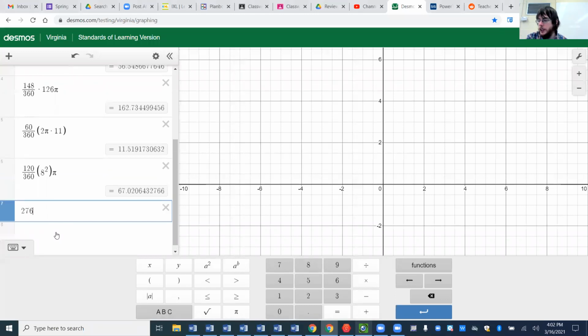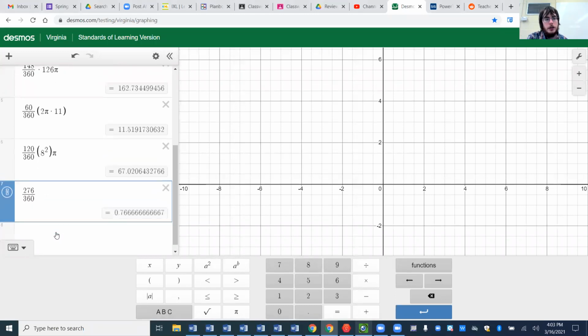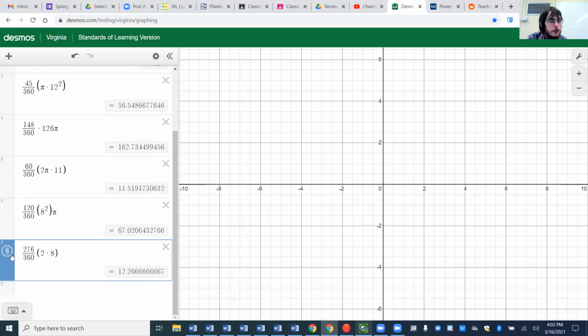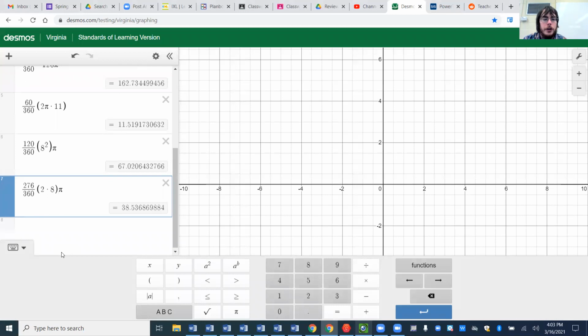So 276 over 360 times 2 times 8 would give us a fraction of 184 over 15, and then we tack on the pi. If you do it approximate, you would end up with 38.5. I'm going to do it exact. So it's 184 pi over 15.